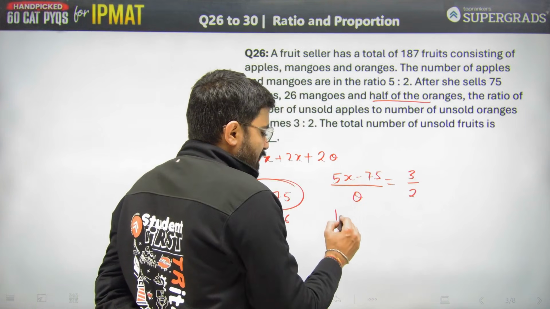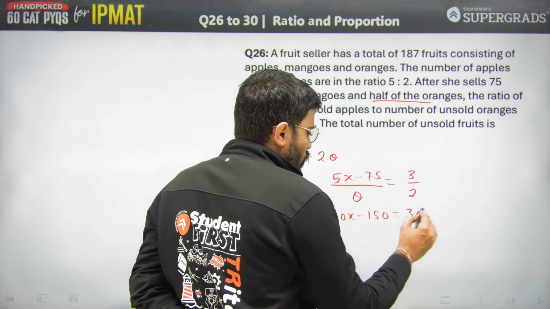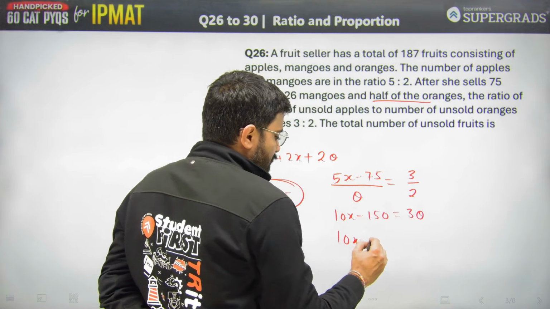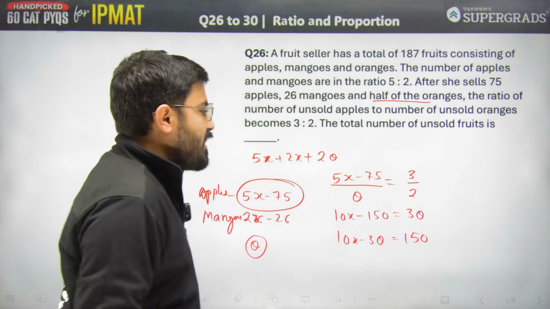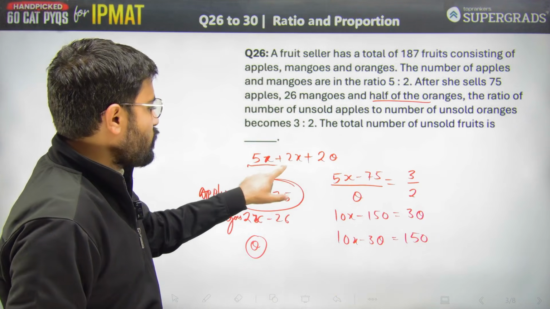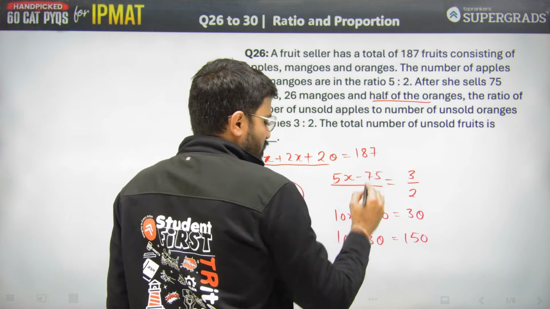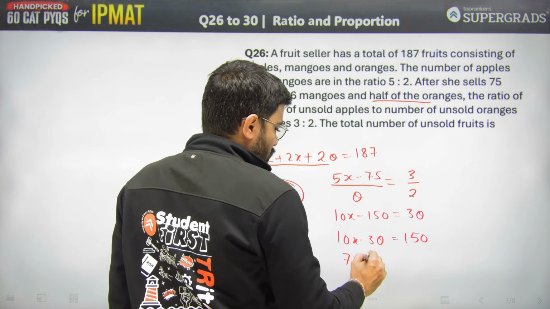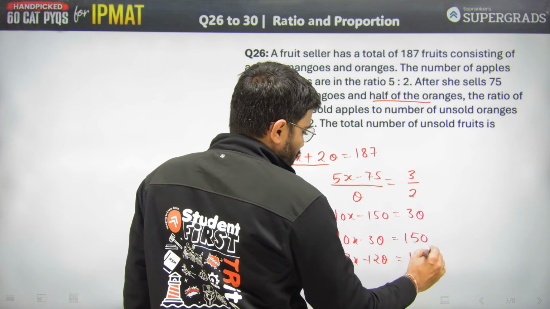I multiply, and I get 10x minus 150 is equal to 3O. So I get 10x minus 3O is equal to 150. Where will I get another equation? From here, the total number of fruits is given as 187, so I get 7x plus 2O is equal to 187.